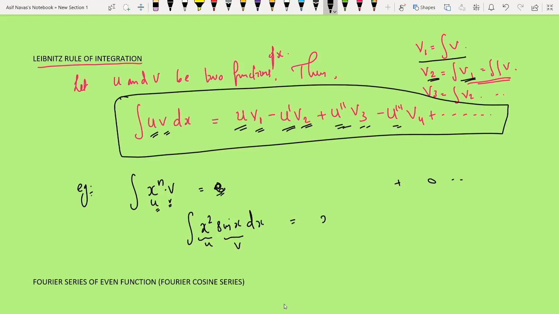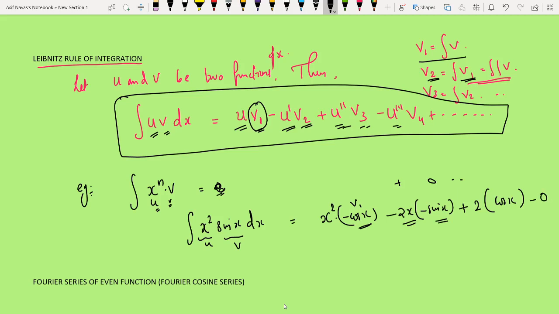Then you can write u, x square, into v1, the integral of v, which is minus cos x, minus u dash, which is 2x, into v2, the integral of v1, which is minus sin x, plus u double dash, which is 2, into the integral of minus sin x, which is cos x.